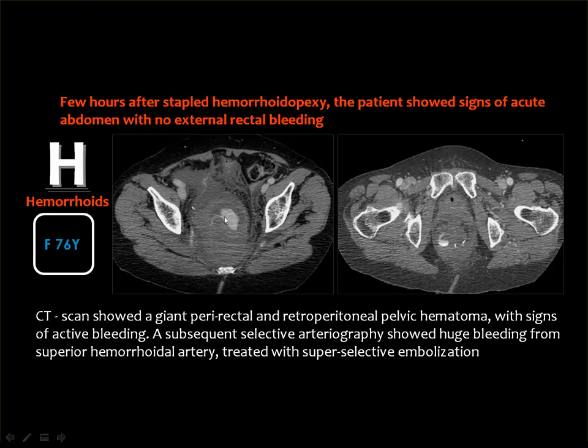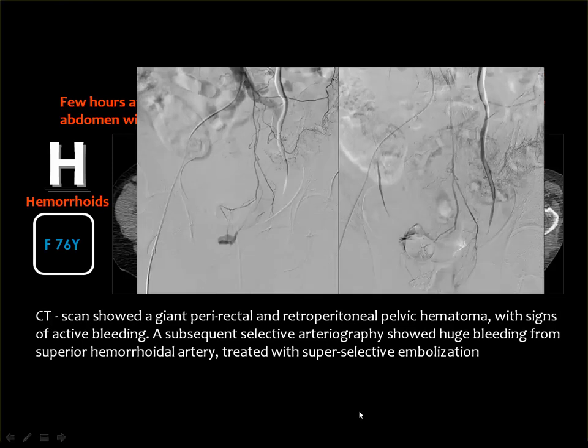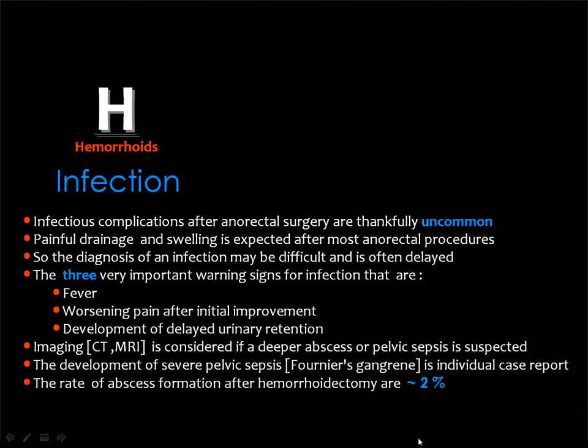You see the bleeder with active extravasation of injected contrast material and a big hematoma in the rectum. And these lesions may be treated by intervention, where you go by a catheter, then you inject the superior hemorrhoidal artery and you see the bleeder, and you go by microcatheters to embolize or occlude this bleeder.